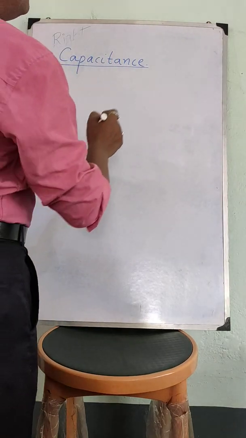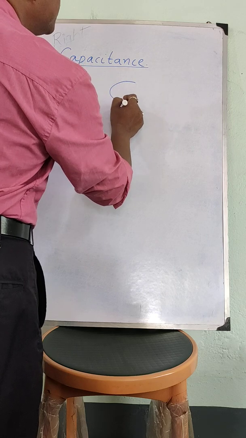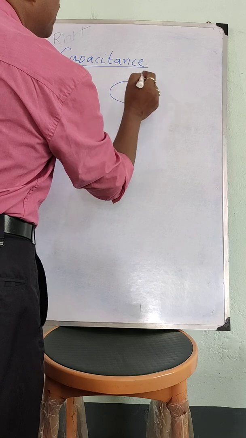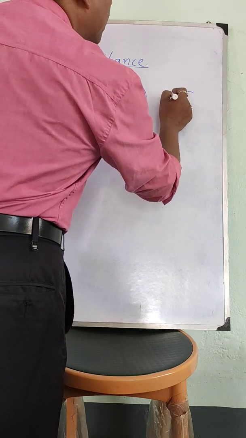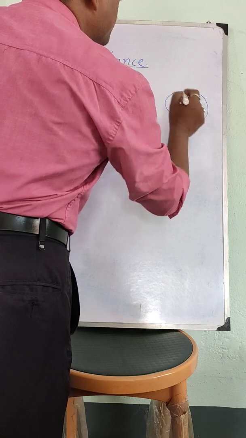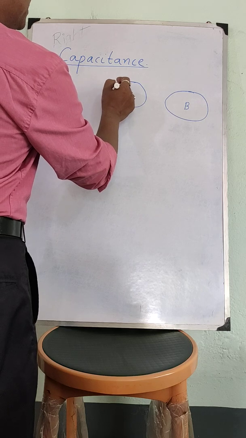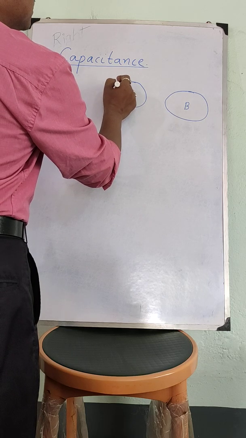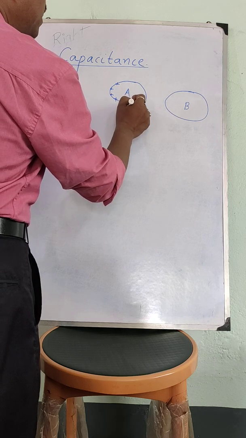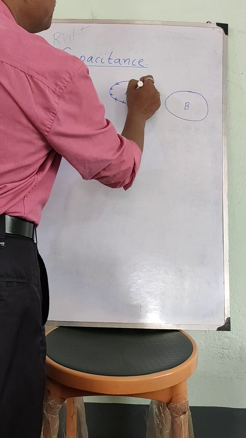Okay. Now, suppose there are two conductors. Suppose this is conductor A, and I have another conductor, suppose conductor B. Now, I am placing positive charges on this conductor, and those positive charges will reside on the surface of the conductor.